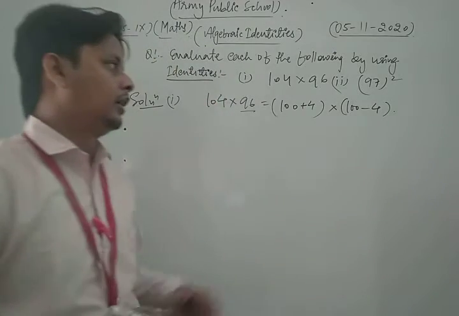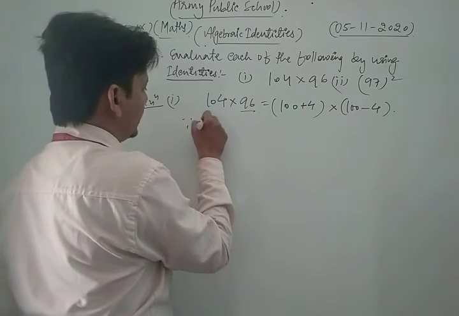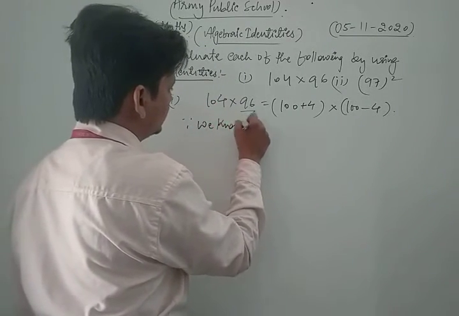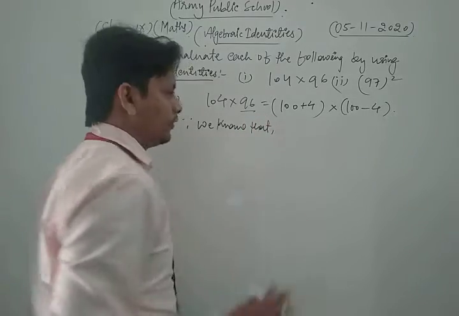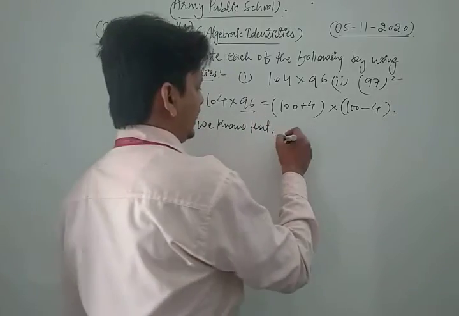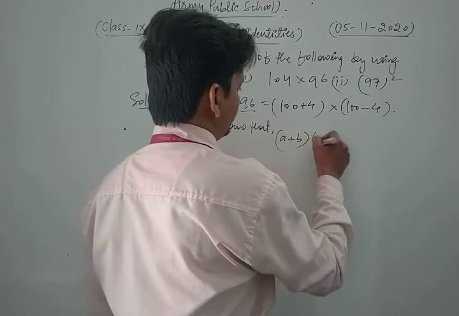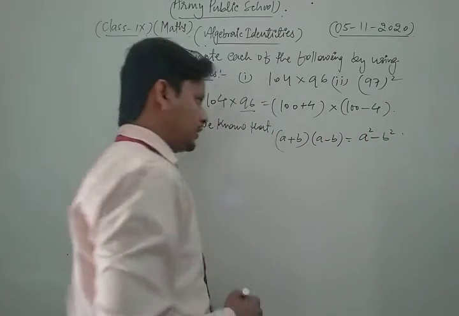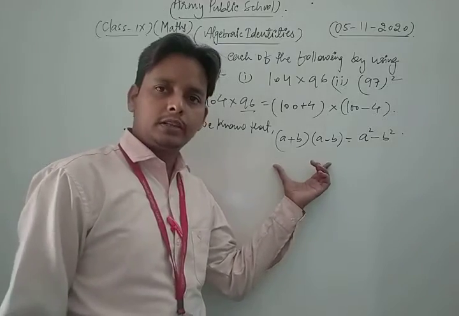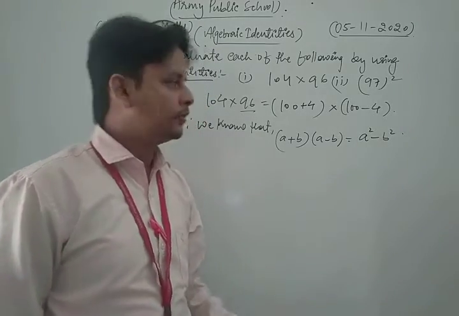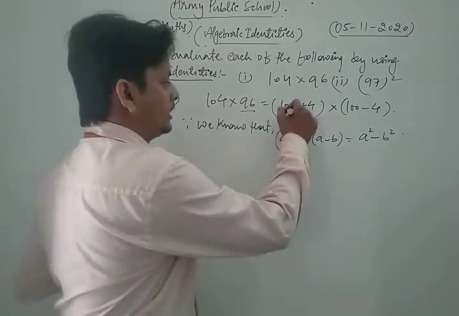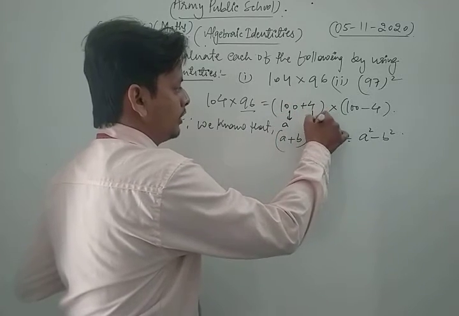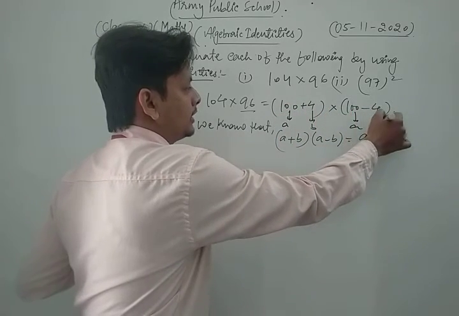Now look, a very important algebraic identity is that a plus b into a minus b is equal to a square minus b square. I just discussed that identity. Now here, suppose this is the value of a, this is the value of b, this is the value of a, and this is the value of b.